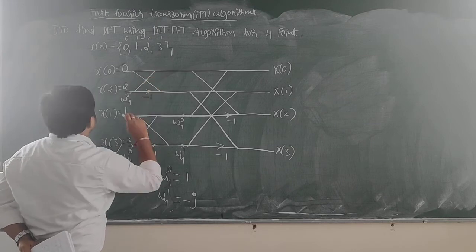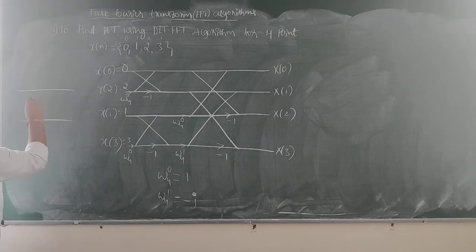Now look here. This is the general structure of the butterfly. Suppose this is A, this is B, here minus 1 is there, and here W n power R is there.